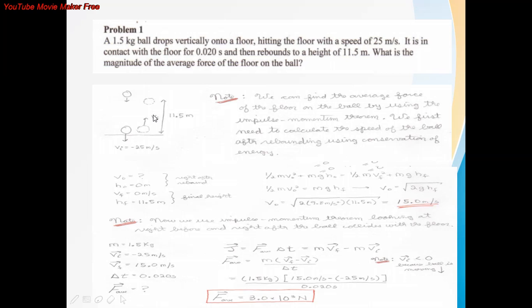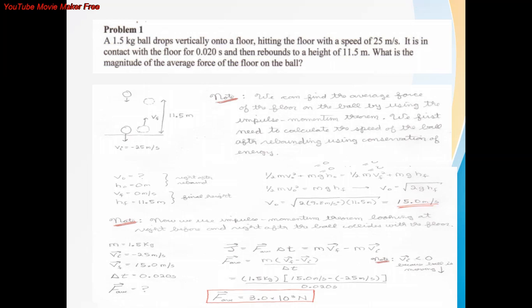This height is 11.5 meter. What is the magnitude of the average force of the floor on the ball? We have to find the magnitude of the average force of the floor on the ball. So definitely we require the impulse momentum theorem.